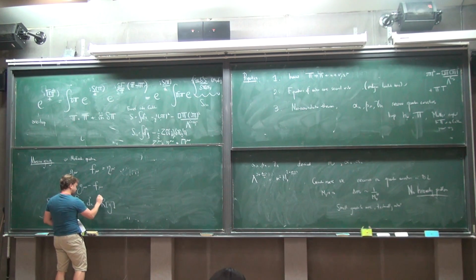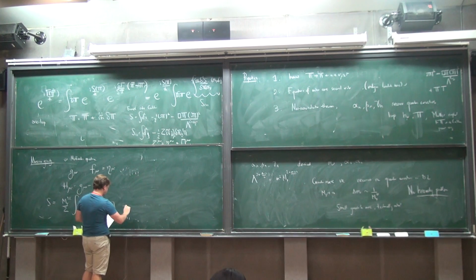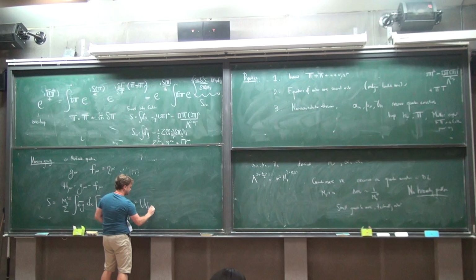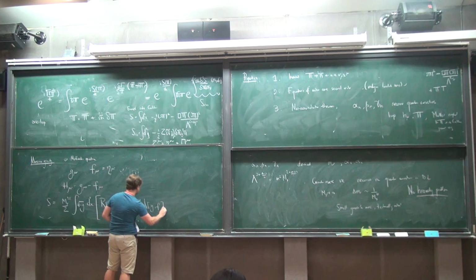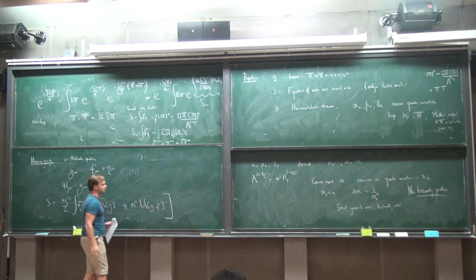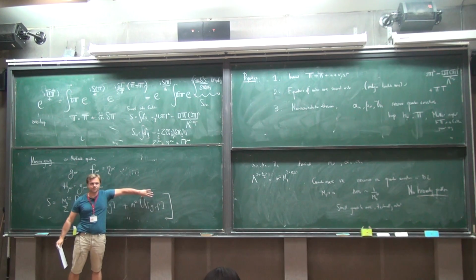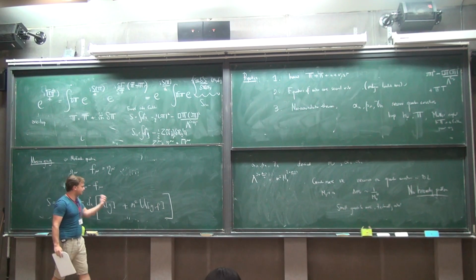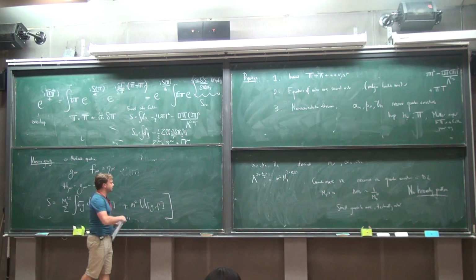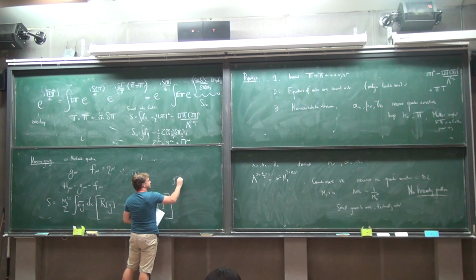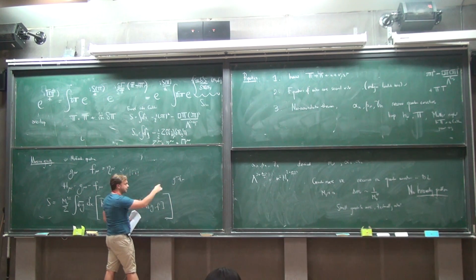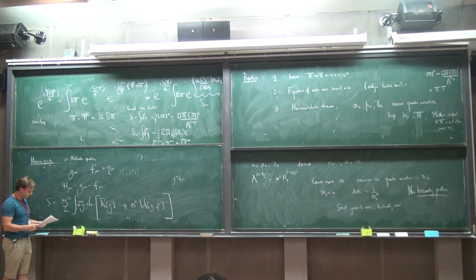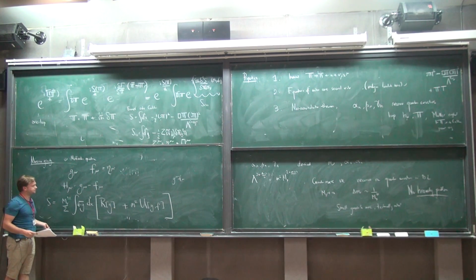And to this, I'm going to add a mass term, m squared, times some as yet unknown function of g and f. So this is more than a mass term, it's really a potential. So it's some potential which is a function of the two metrics. It has to be a scalar combination of those two, so things like g^mu nu f_mu nu would be acceptable scalar combinations of those two metrics, but otherwise we don't as yet know anything about what that particular combination is.